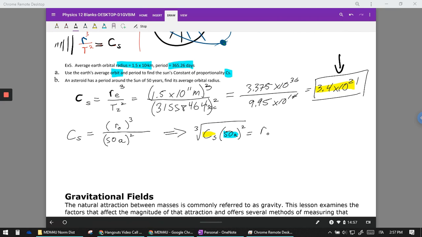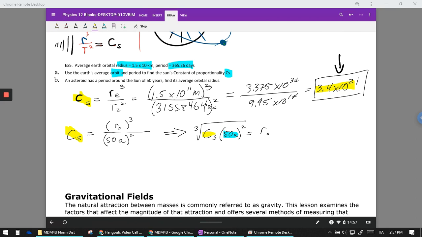Since both the Earth and the asteroid rotate around the sun, they both use this constant of proportionality. The constant is the same for the Earth, the asteroid, Saturn, Jupiter, and anything that travels around our sun.